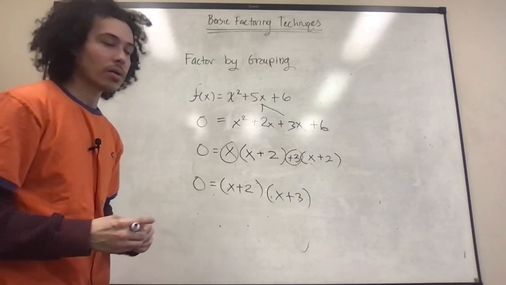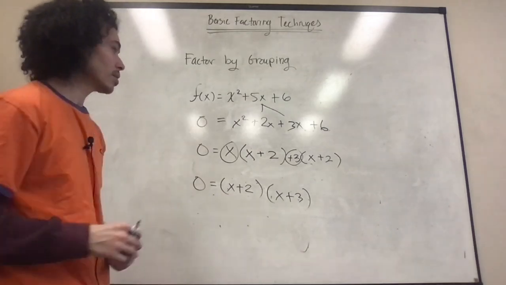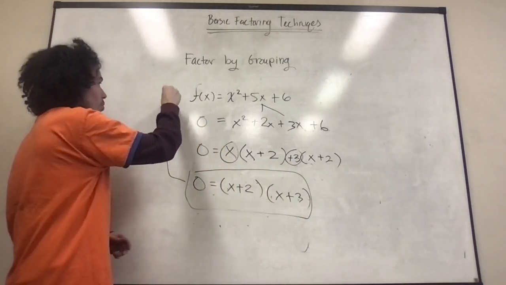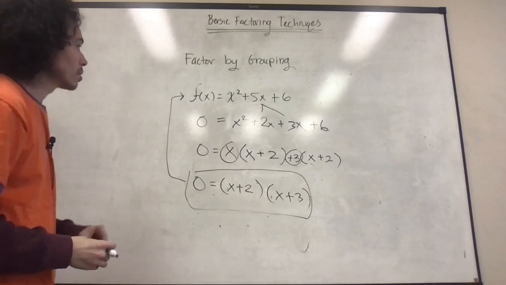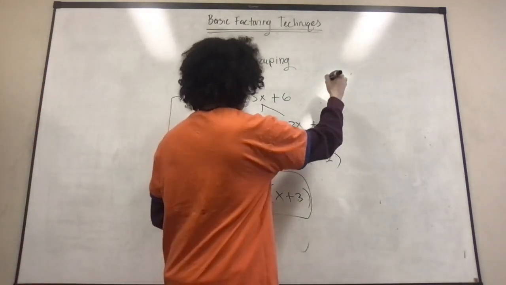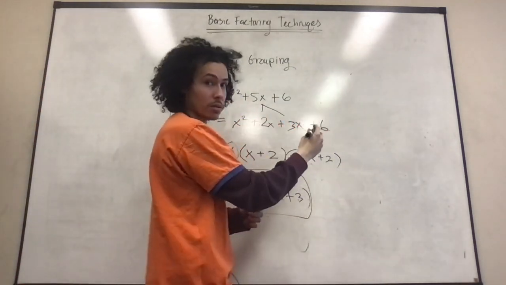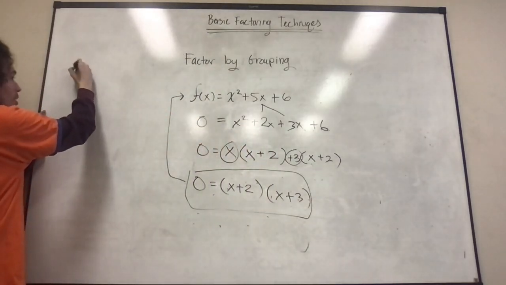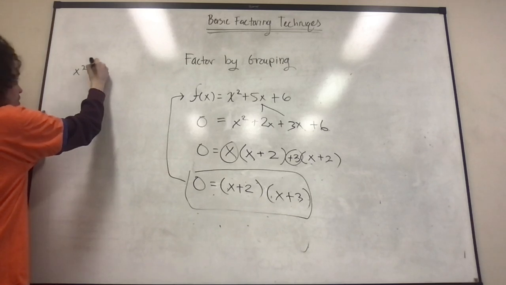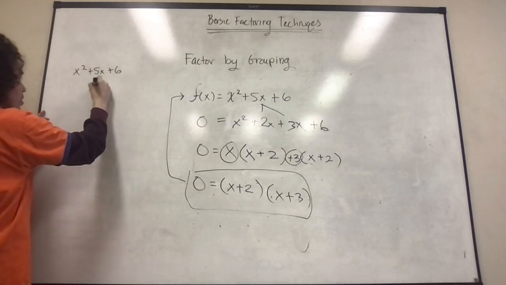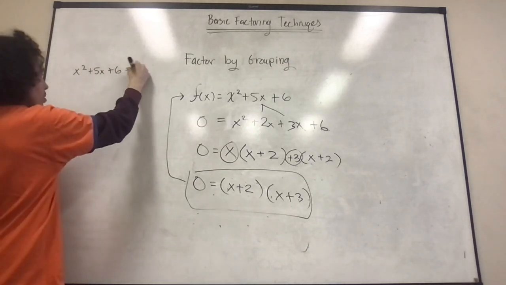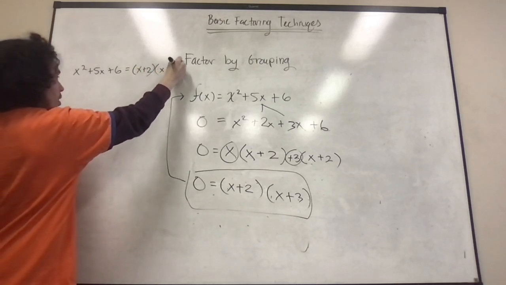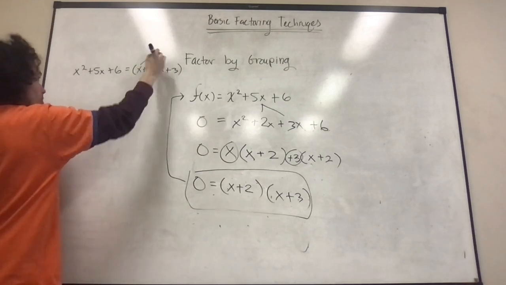And now to finish off, we verify that ultimately this is equal to that. You have your x squared plus 5x plus 6 is equal to x plus 2, x plus 3. Distribute.